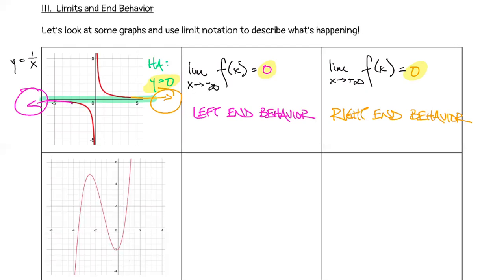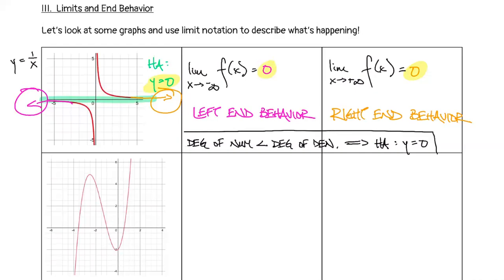So that might be a rule that you remember from pre-calc, that if the degree of the numerator is smaller than the degree of the denominator, then you have a horizontal asymptote at y equals 0. Okay, so this is probably a rule that you learned at some point in your pre-calc class.